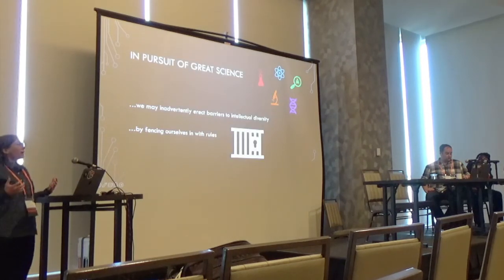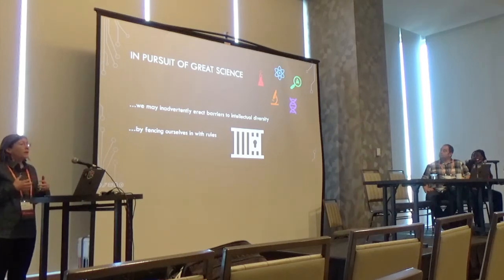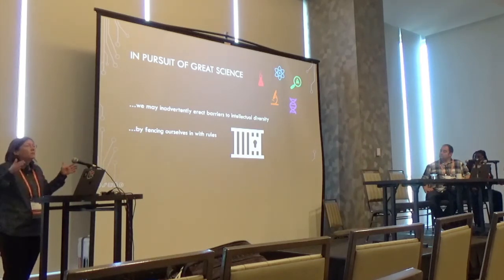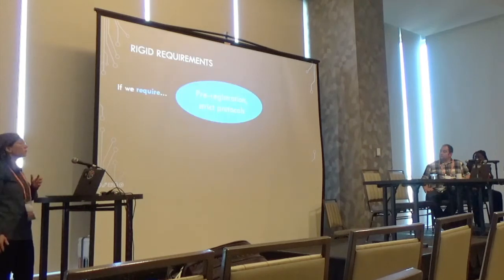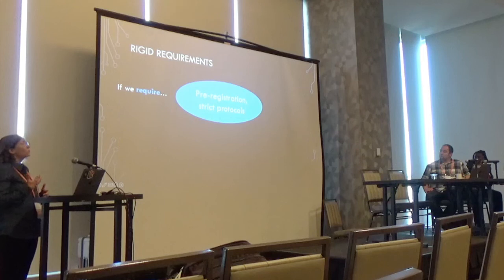So more broadly than that, in pursuit of great science, we tend to create in this community some rules and guidelines that have good intention, but inadvertently might start to erect some barriers to intellectual diversity. So we create these guidelines, but we kind of fence ourselves in with them. So for example, let's look at rigid requirements for viz submissions.